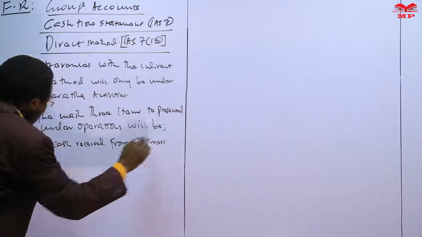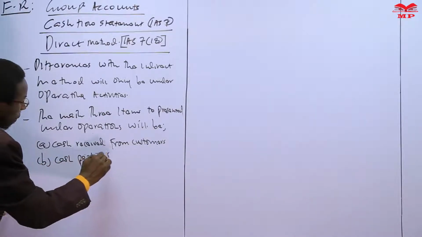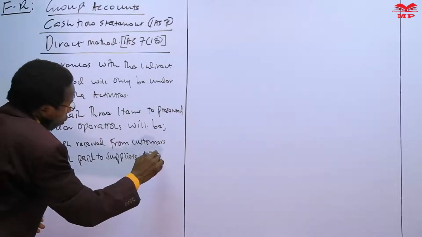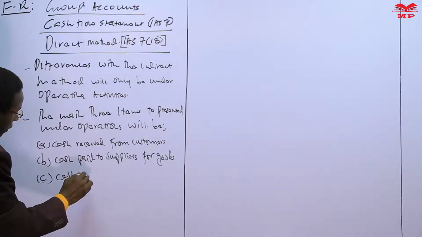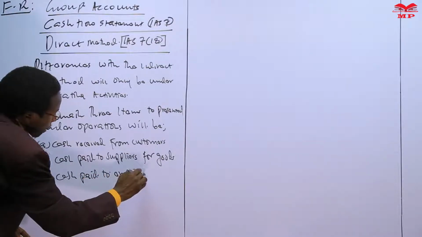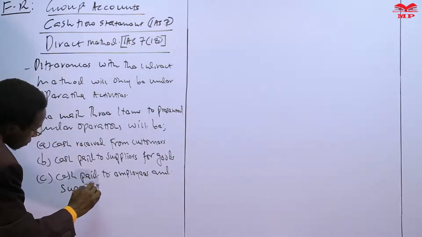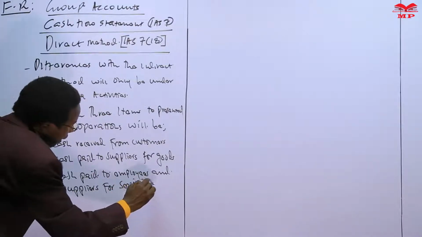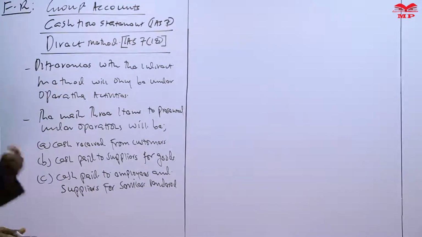B, cash paid to suppliers for goods. Then C, cash paid to employees and suppliers for services rendered. So those are the 3 main items that will differentiate the direct and indirect method.